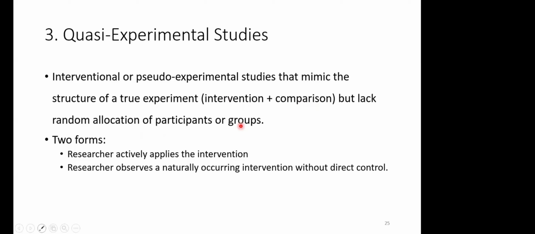There are basically two forms: one where the researcher actively applies the intervention, and another form, which gives rise to this quasi-experimental denotation, where the researcher just observes a naturally occurring intervention without directly controlling it.